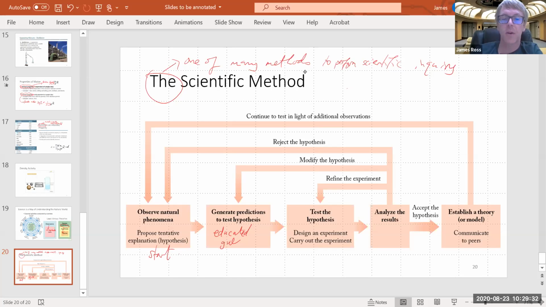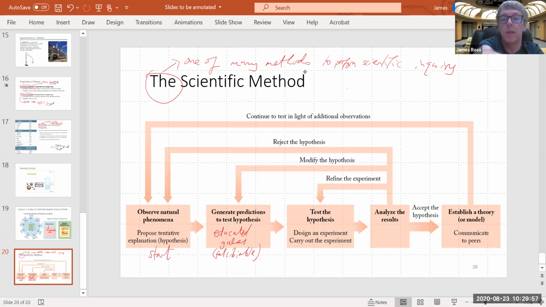It's a guess. You've got no reason to think it's correct, but it's a falsifiable guess. Falsifiable. You have to be able to do something. If it's a true hypothesis, you can confirm it or deny it.